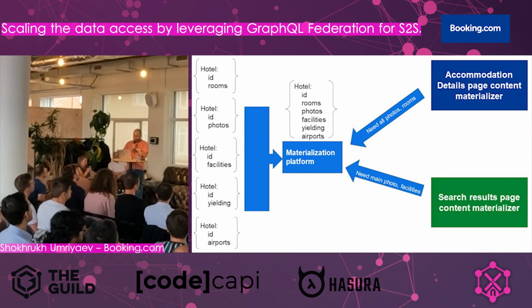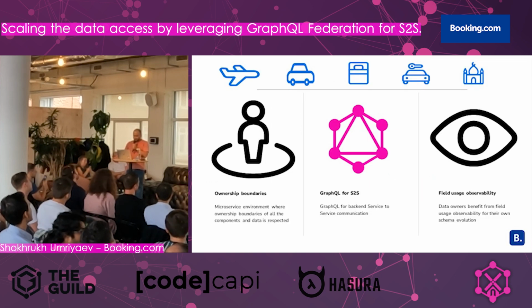They are talking to the materialization GraphQL layer, through a centralized GraphQL service, which in turn takes care of providing a centralized API. So now we are respecting the ownership boundaries, because we have a microservice environment where the ownership boundaries of all the components are respected.